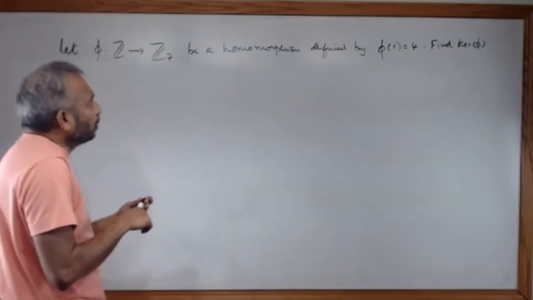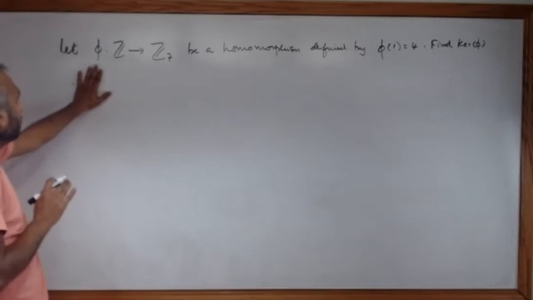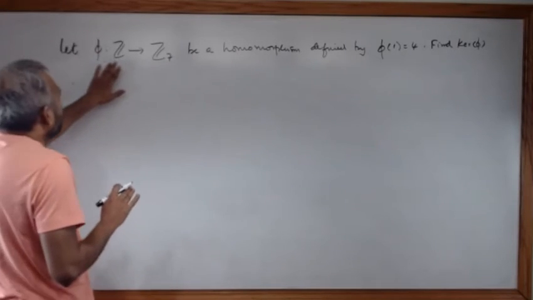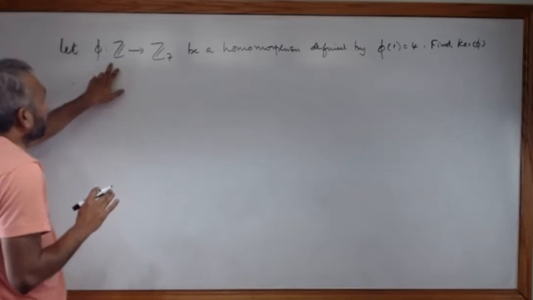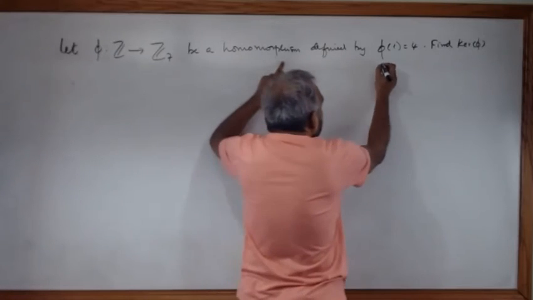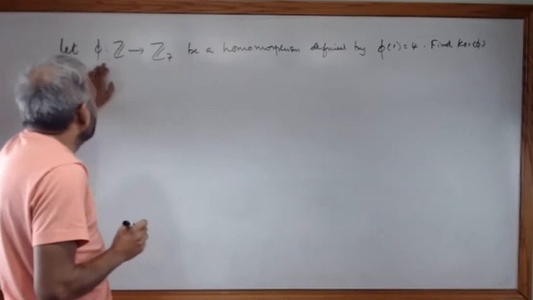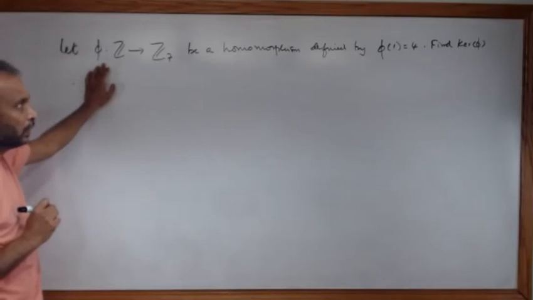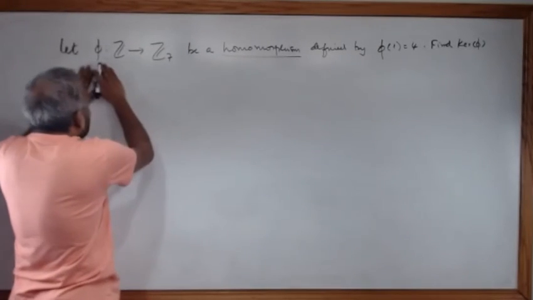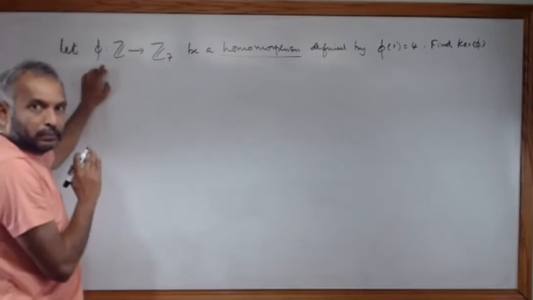There are a couple of things we want to notice here. We haven't completely defined the map. Actually we did, but if you don't say it is a homomorphism, this particular data is not sufficient to define a map like this. If you just say phi is a map defined by this, then this is not a map at all.